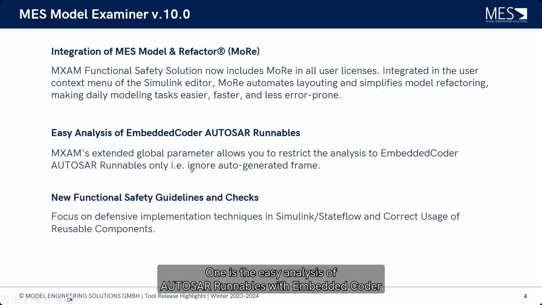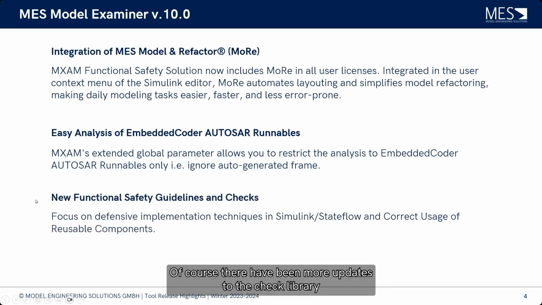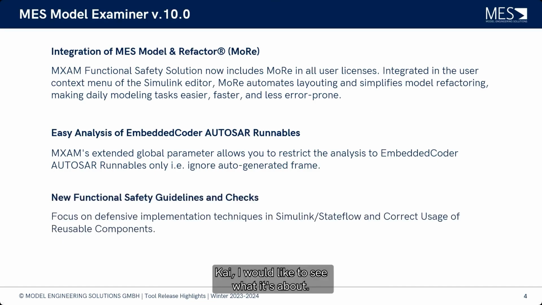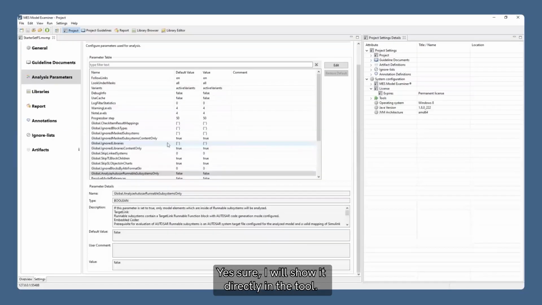One is now easy analysis for AUTOSAR Runnables with Embedded Coder. And then, of course, there have again been updates to the check library. So I'm really excited to see what new checks are here with the latest version. So Kai, if you don't mind, I'm happy to see what this is about. Yeah, sure. Then I will show it directly in the tool.